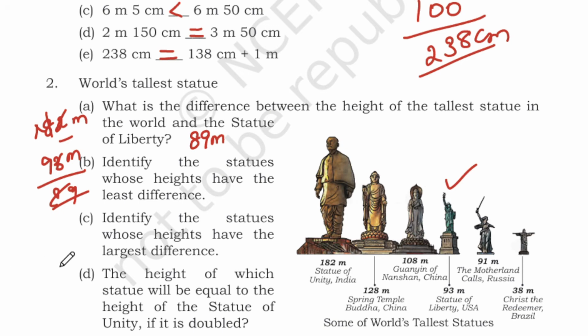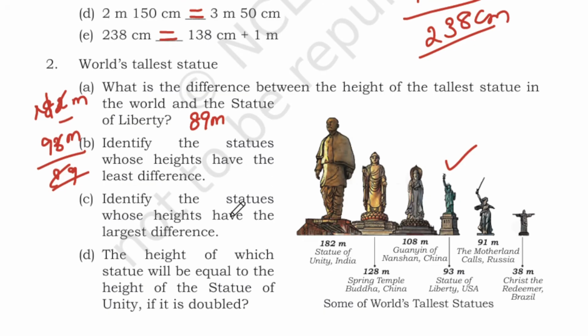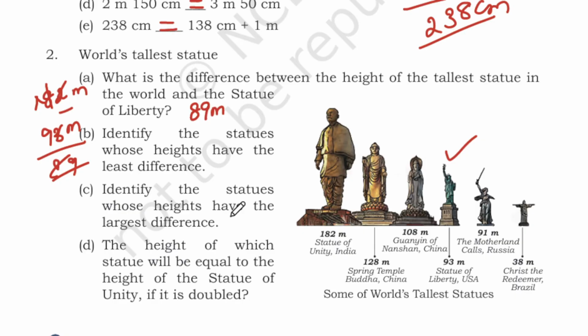Okay, next question. Identify the statues whose heights have the least difference. We have to find out which one has the least difference, so you have to take the numbers which are very nearby. So we have 182, 128, 108, 91, 38, and 93.